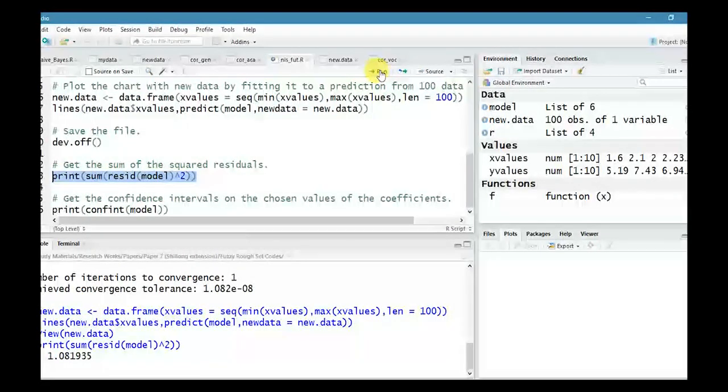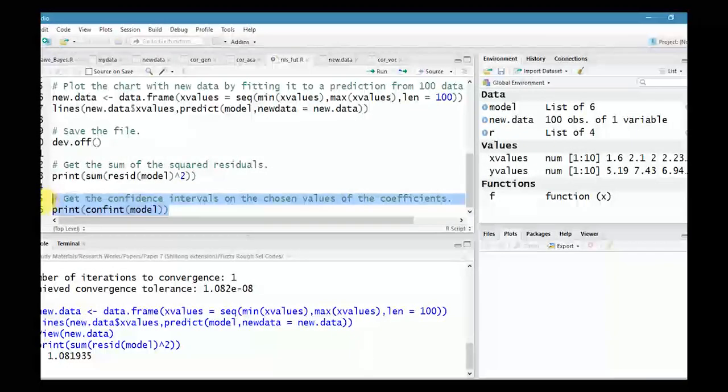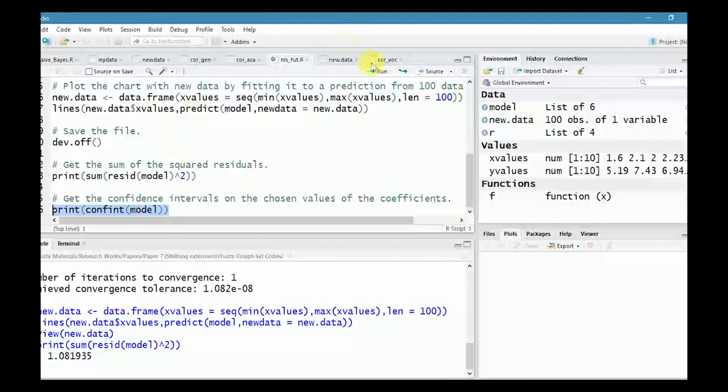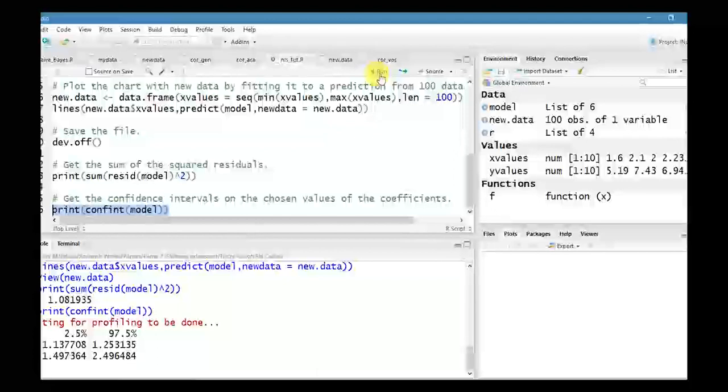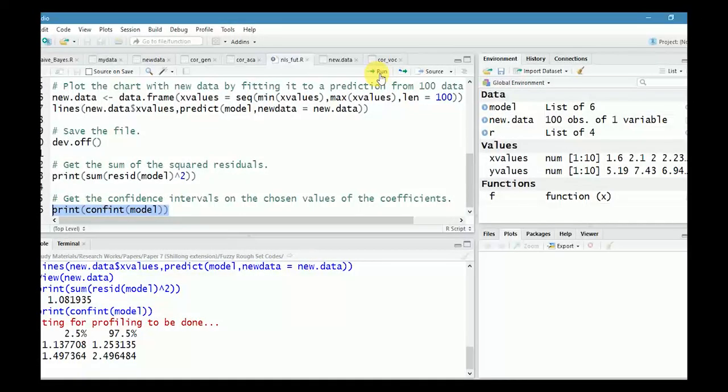Now if you print the confidence interval of this model, we'll find out that there is 97.5% confidence towards 1.25 for the value of b1 and 2.49 for the value of b2.